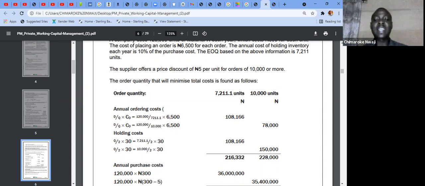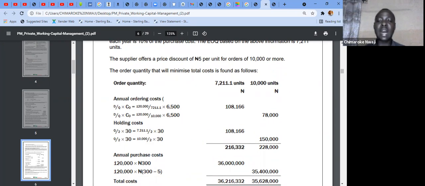But now there is a discount when you buy in bulk, 120,000 units at 295. Now, this is the decider. Will the discount be enough to compensate for the difference in the ordering and the holding cost? Let's see the total. Wow.